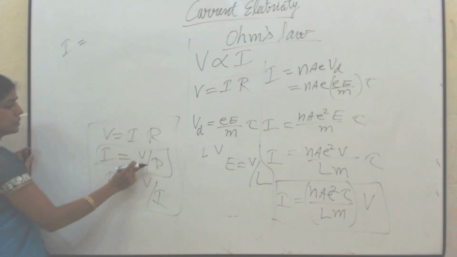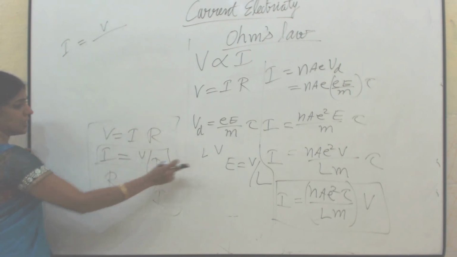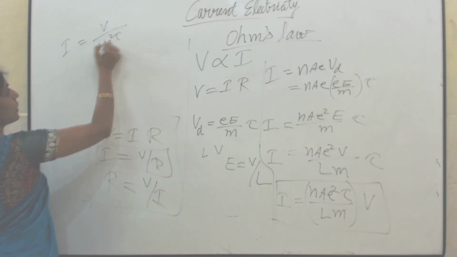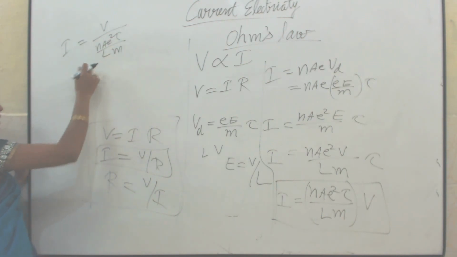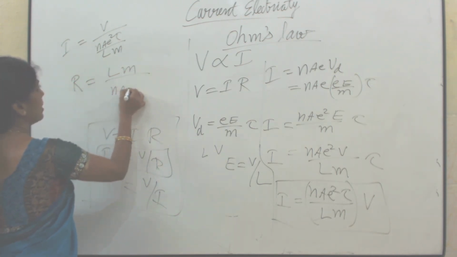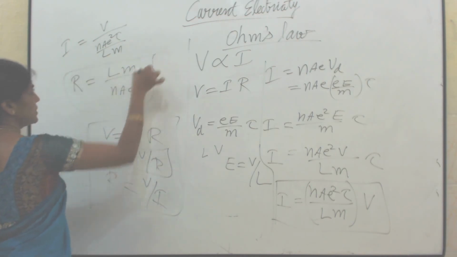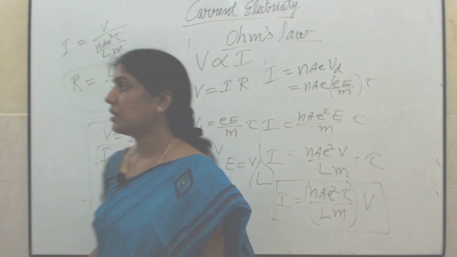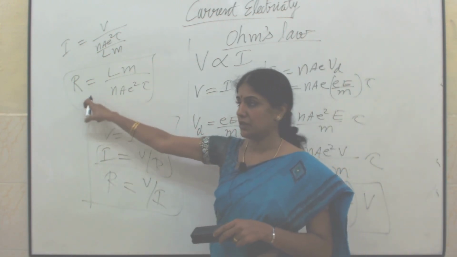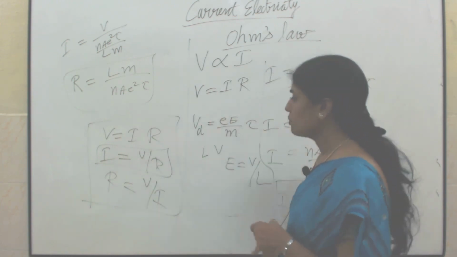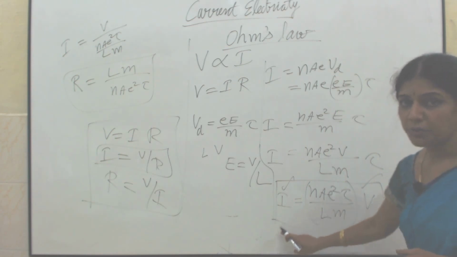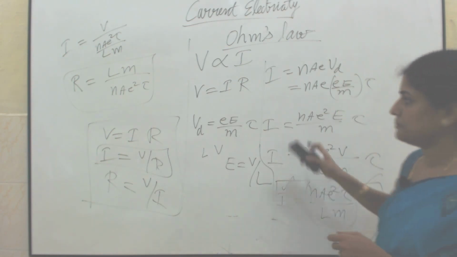I equal to V by R, where 1 by R is nAe squared tau by Lm. If I want to write R, it is nothing but Lm by nAe squared tau. So this much resistance is suffered by the conductor when a current I flows through it. R is called the resistance of the conductor. So we have proved Ohm's law. Here V and I are directly proportional.